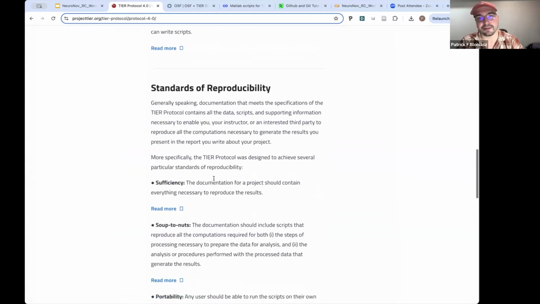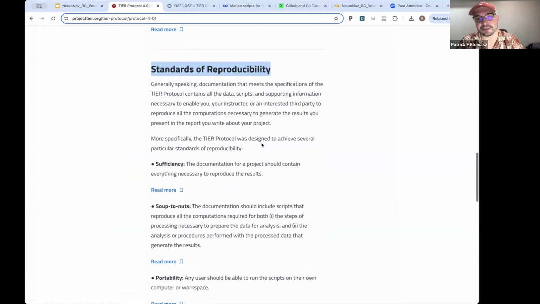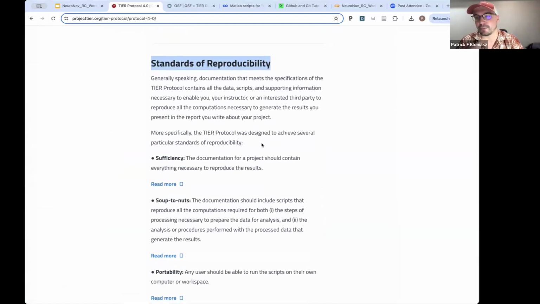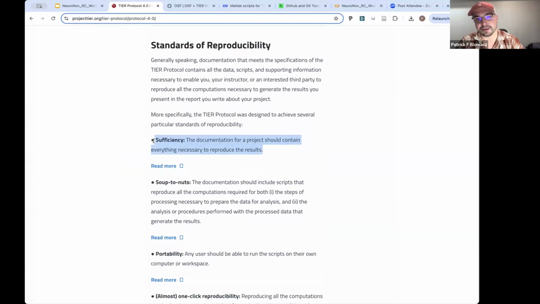Now, if we scroll down here, I want to use this as an opportunity to talk about some of the standards of reproducibility that are inherent in what I'm arguing for and what the TIER protocol is arguing for. So this one is at the heart of reproducibility, where sufficiency is basically saying that everything someone needs to do anything that you are suggesting is important in your work needs to be accessible to them, and they should be able to play around with it.